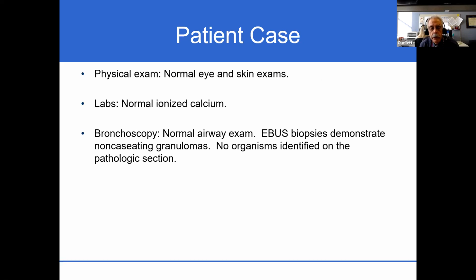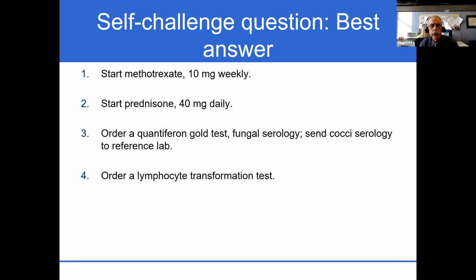EBUS biopsies demonstrate non-caseating granulomas in the mediastinum, and there are no organisms identified on pathologic section. What would you do? Start methotrexate 10 milligrams a week, prednisone 40 milligrams a day? Would you test him further, ordering a quantiferon gold test, fungal serology, send cocci serology to a reference lab, or would you order a lymphocyte transformation test?